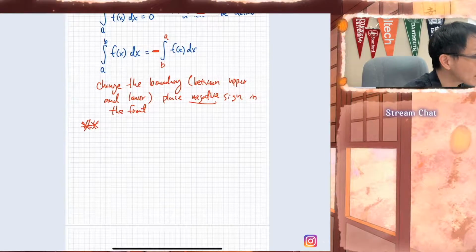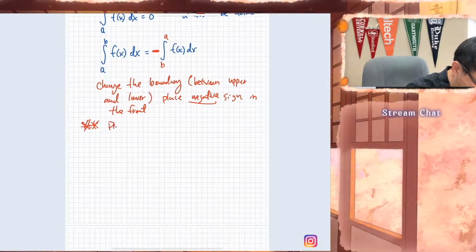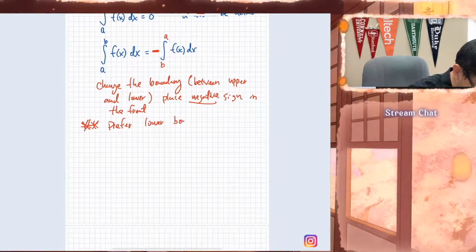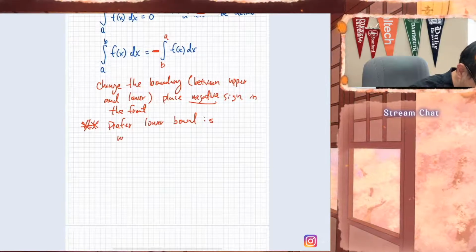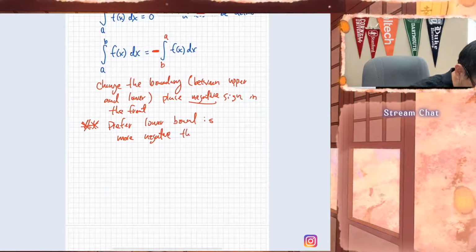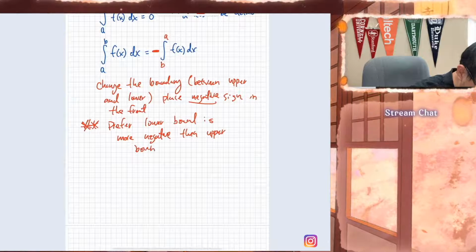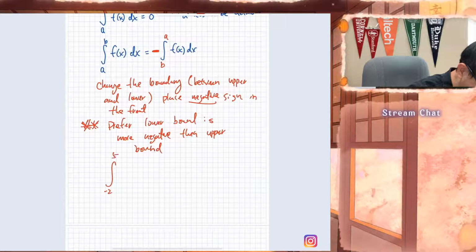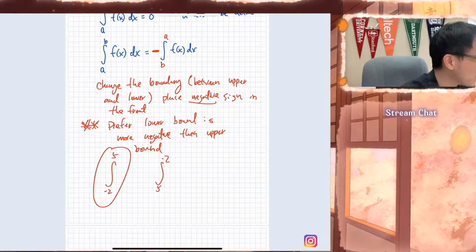One of the biggest things I take away is I should always tell students, it's preferred that the lower bound is more negative than the upper bound. So if I have a choice between -2 and 5 or 5 and -2, I will prefer -2 and 5.